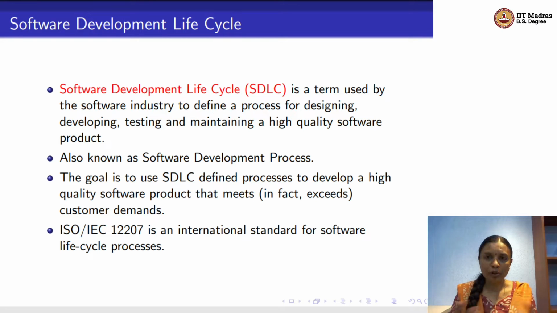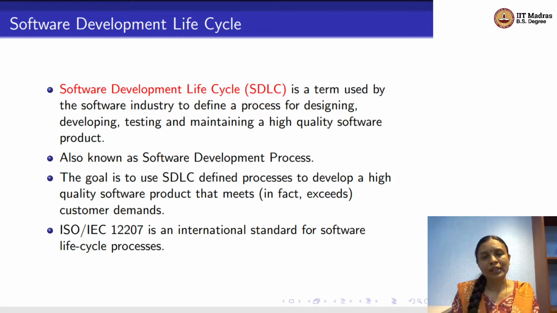So it's a set of processes, a way that tells you how a team in a company would go about creating a software end to end. It's synonymous with the term software development process.